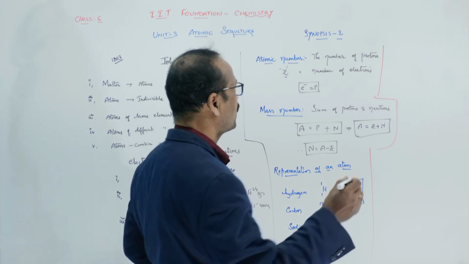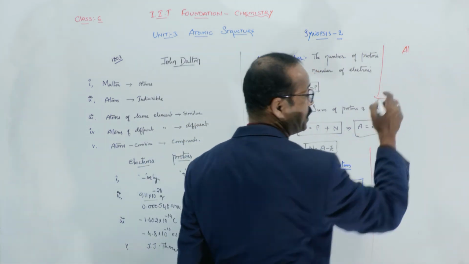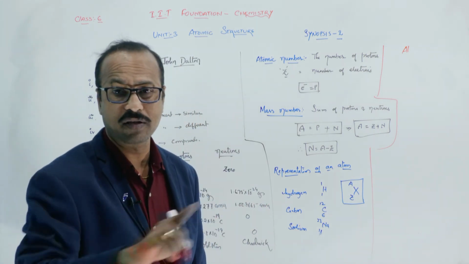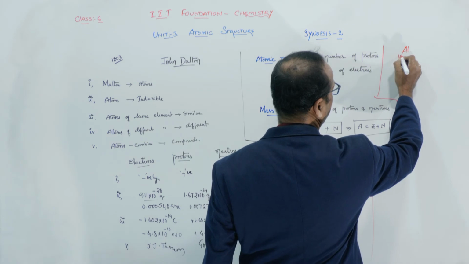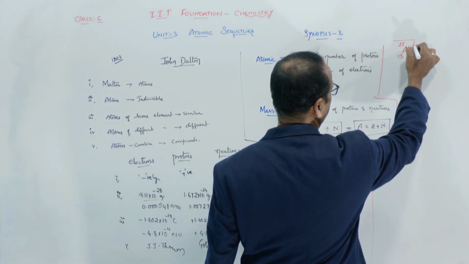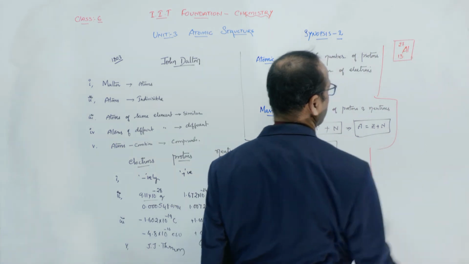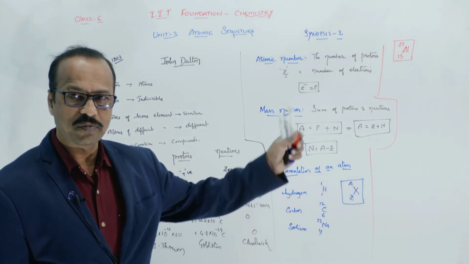I'll take aluminium. If I see the periodic table, where all 118 elements are arranged, I can find aluminium in its box: aluminium, 13 and 27. What information does this give?